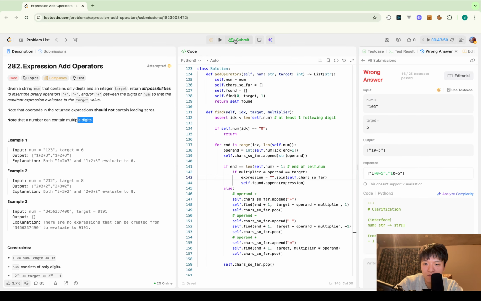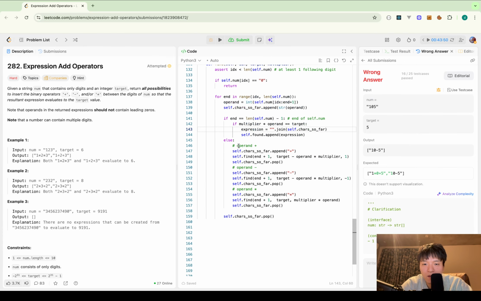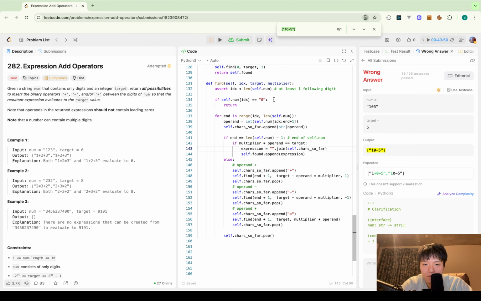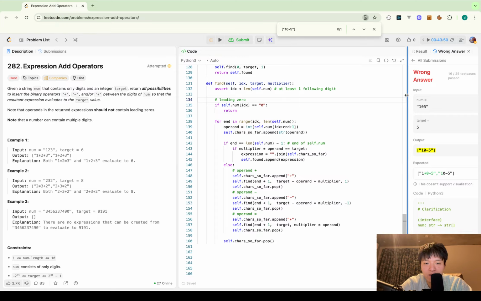Wrong answer. So 10 minus 5 is created, but in this case, 1 times 0 plus 5 is not created. I see. So it's the leading 0 treatment. Here I immediately rejected it. But actually, if this is 0 only, it's fine.